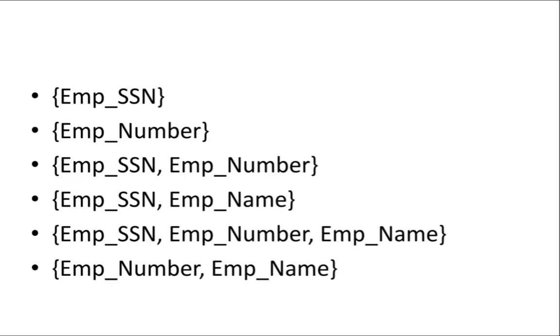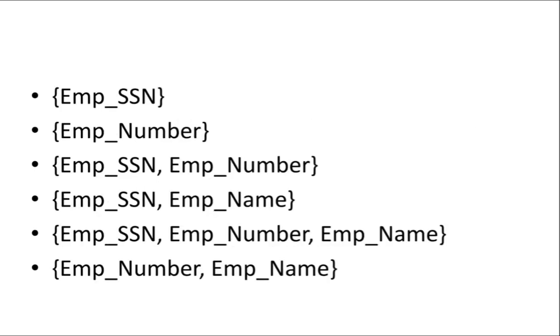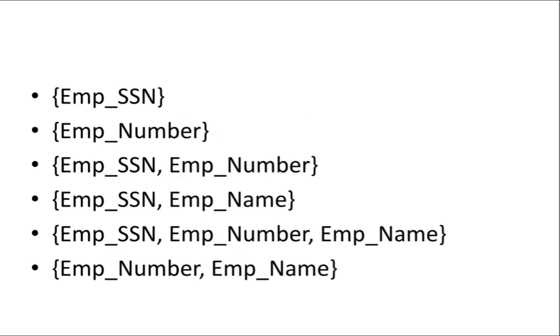Next, employee SSN, employee name. Again, that is the same. Employee SSN, employee number, employee name. I can use three attributes also, no problem. Whatever attributes you take, the values present in these attributes are different. So a total of 6 super keys can be constructed here.